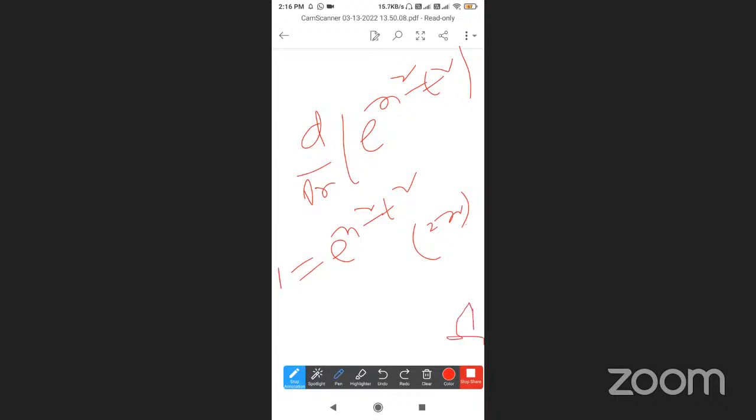Next, page number 338. Integral equations of convolution type. We already know the Laplace transform in convolution type.